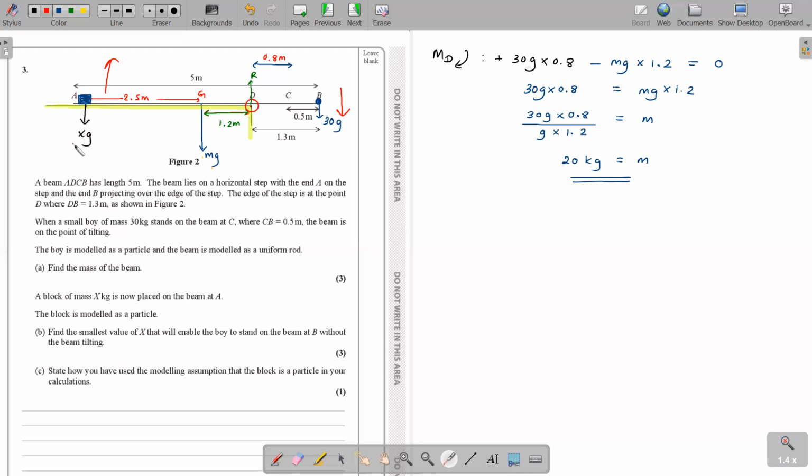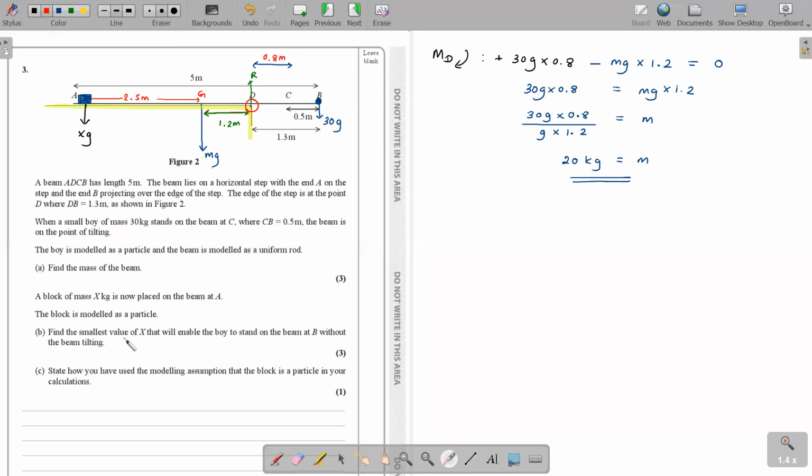And they are asking you how much is this x so that this boy can stand here safely. If this weight is really big, if you have a really large weight, you can see that we can go to this corner without any fear, right? The heavier this is, we can go to this corner with confidence, right?